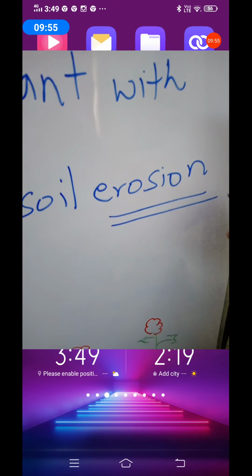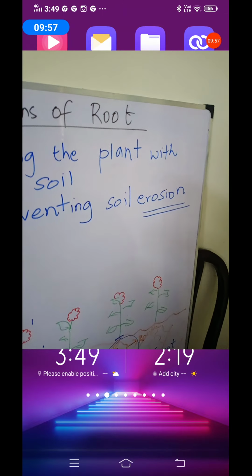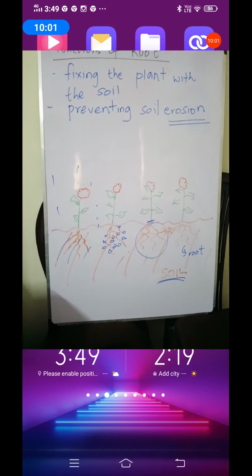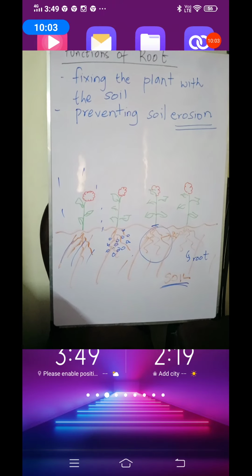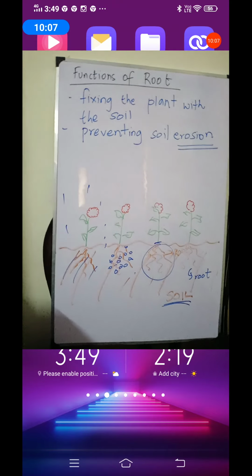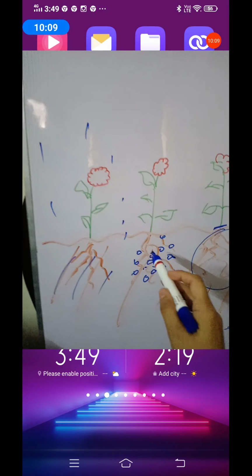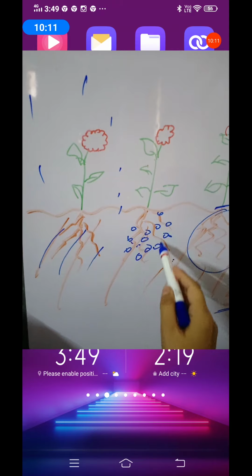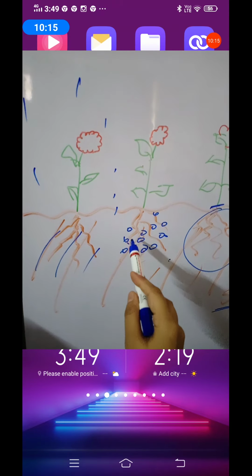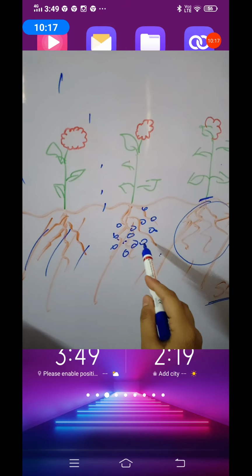Children, this looks like a big word, but it is not a big word at all. Soil erosion means soil flowing away, going away. So if these roots are not there, who will hold my soil? This soil is held together with the help of these roots.